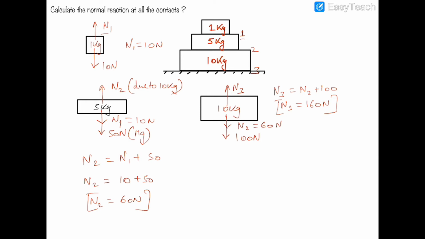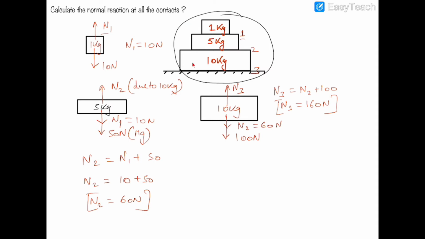Let me give you a shorter approach to solve these kinds of problems. To solve problems in which one block is resting on some other block, you have to consider systems one by one. So first of all, I am considering this whole system to calculate N3. There is a mass of 1 plus 5 plus 10, so that is 16 kg.